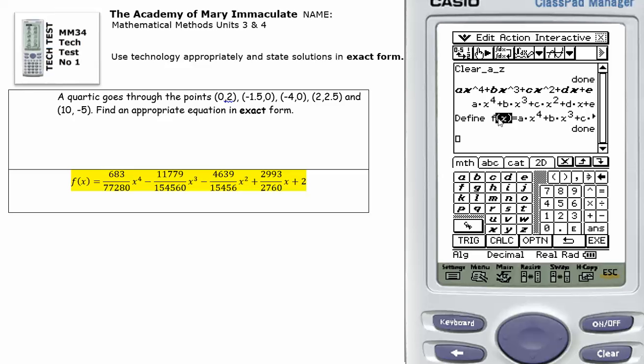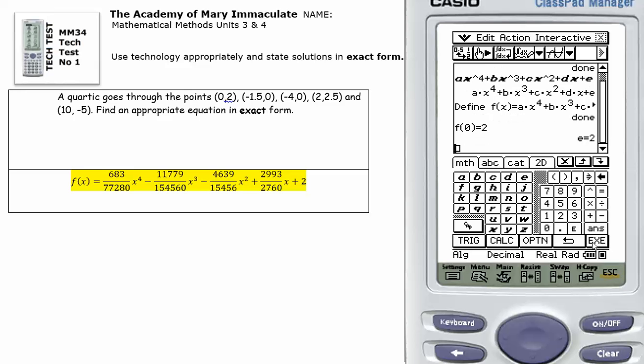So I'm going to get 5 equations in terms of all of the letters. So I know that f of 0 equals 2. So that gives me my first equation. I know that f of negative 1.5 equals 0.